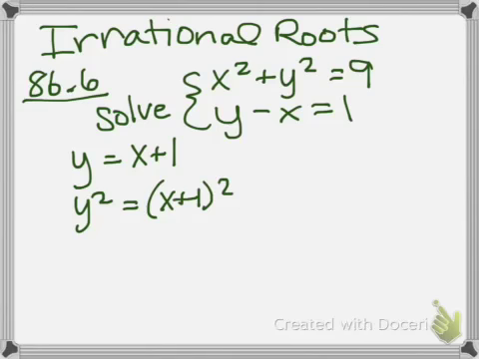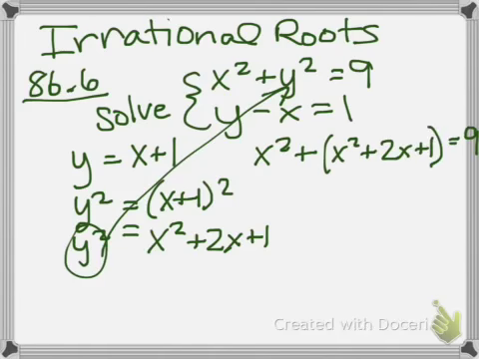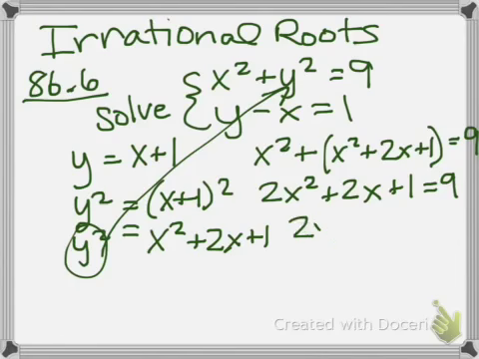And so y squared, x plus 1 squared, is going to be x squared plus 2x plus 1. Now we'll take that and plug it in. So we end up with x squared plus 2x plus 1 equals 9. Simplify, 2x squared plus 2x plus 1 equals 9. Subtract 9. Divide everything by 2.